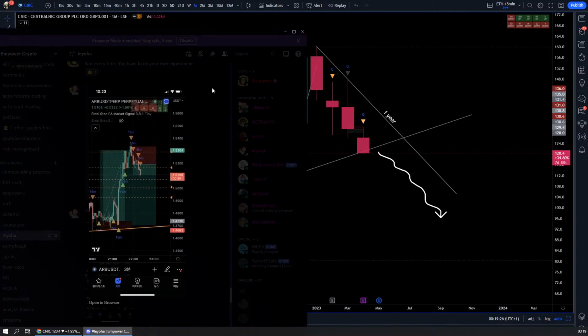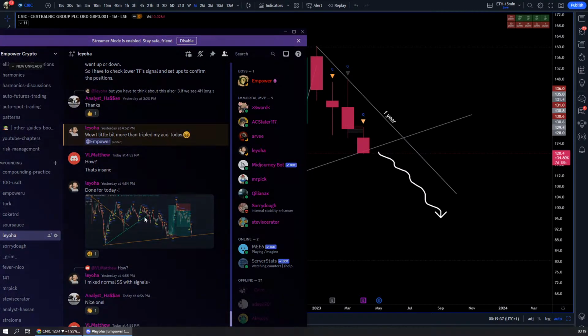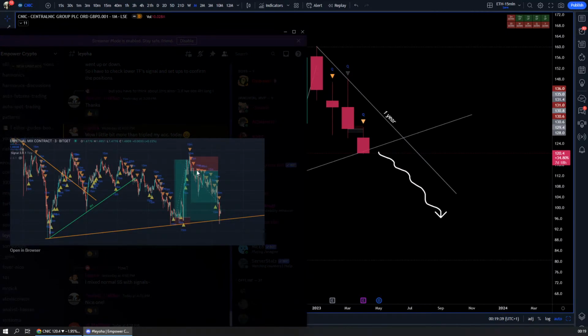And so in this picture, you can see that the signal appeared and he went short. He went in short, and then his short position made a big profit at the end of the whole downtrend.